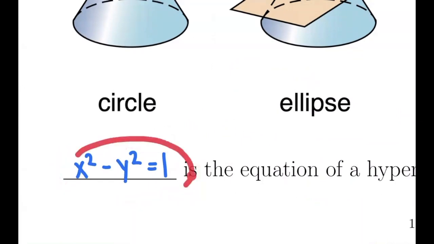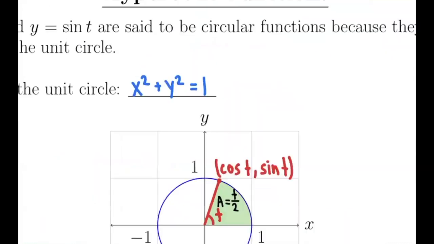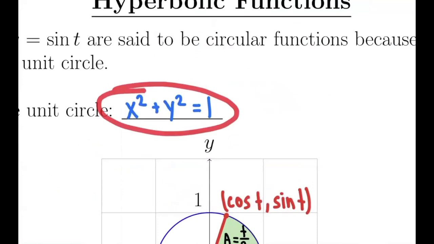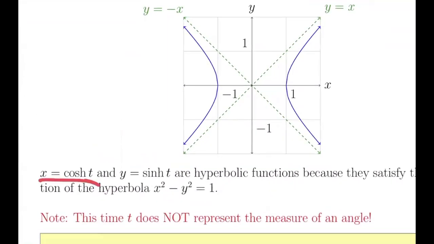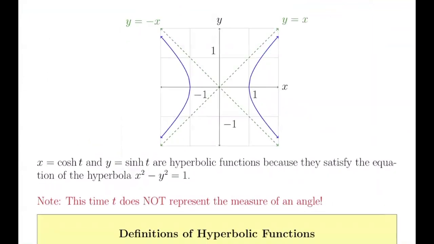So anything that satisfies this equation is hyperbolic, and anything that satisfies this equation is circular. So those functions are called hyperbolic cosine and hyperbolic sine. So x equals hyperbolic cosine of t and y equals hyperbolic sine of t are hyperbolic functions because they satisfy the equation of the hyperbola x squared minus y squared equals 1.